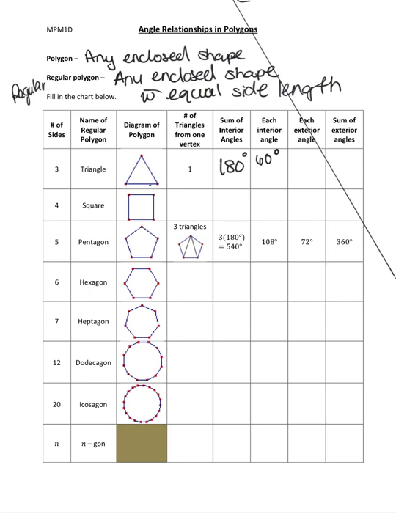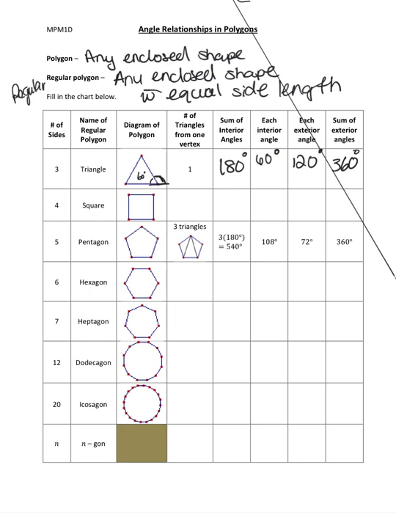If I draw my line out and this angle is 60 degrees, then this one has to be 120 because of the laws that we learned. All of my outside angles are going to equal 360. If I add up 120 plus 120 plus 120, that equals 360 degrees.